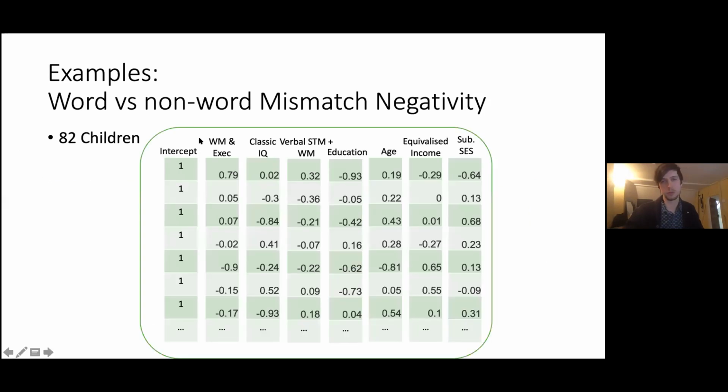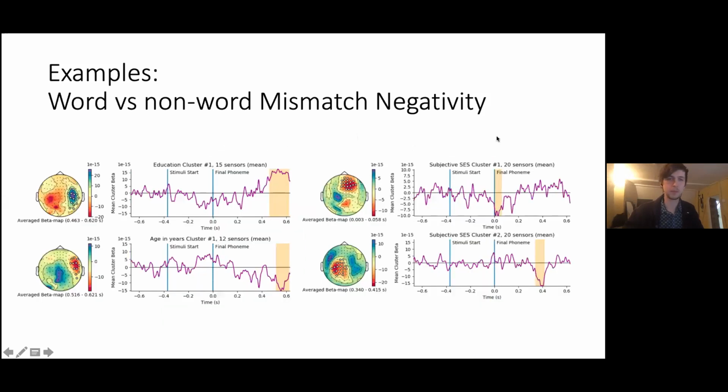Used 82 children, put in all of these different regressors, including cognitive ones, attainment from school, age, and income. What I got out of it is these nice helpful clusters that I didn't have to pre-specify time periods or spaces that I was interested in the helmet. And I found an education cluster, one related to age, and interestingly, one related to subjective economic status.